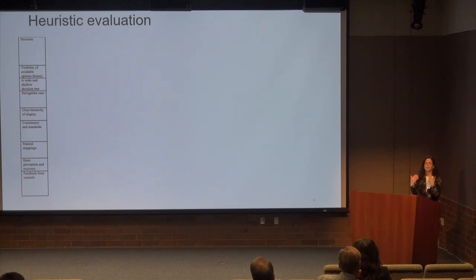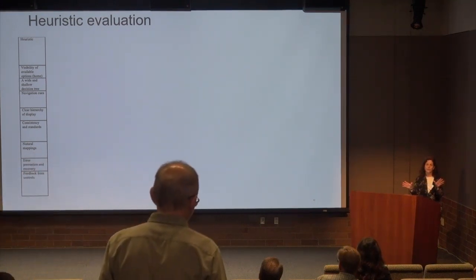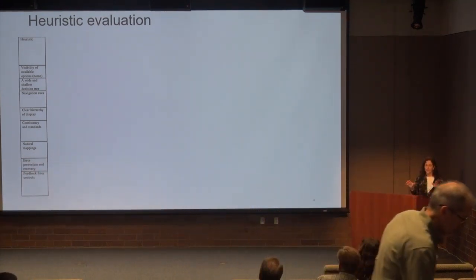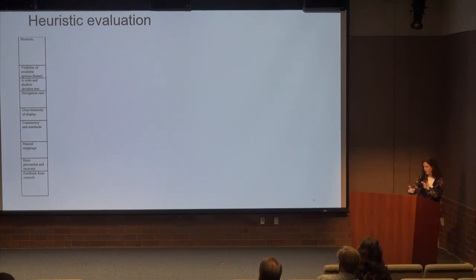Right? You can imagine on your computer you have a file folder structure, and sometimes you have folder structures that are very, very deep. And at any given time, you might not know where you are and how to get back out. So that's that same concept. So wide and shallow means giving people multiple decisions right at the forefront, at each level, as opposed to having them go deep each time.